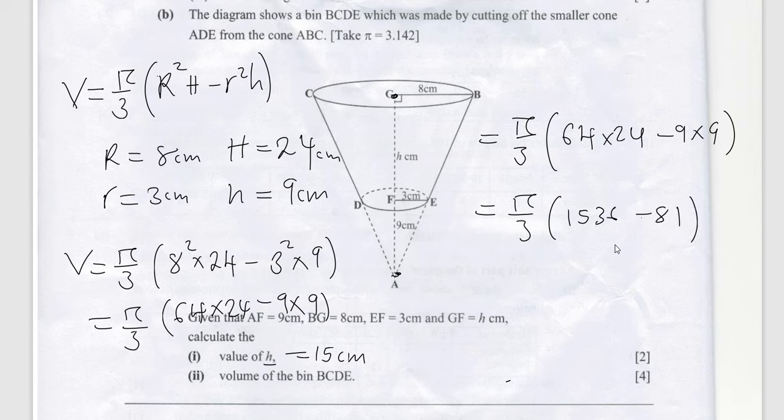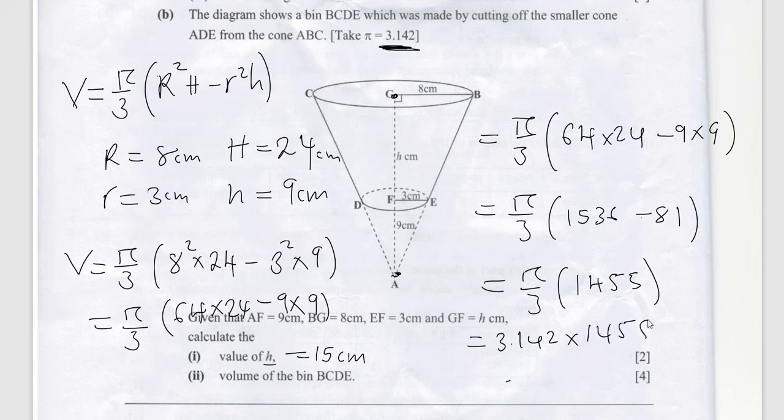So minus 81, when we subtract, we get 1455. Now remember, here they said we use pi as 3.142. So we shall say 3.142 times 1455 over 3.